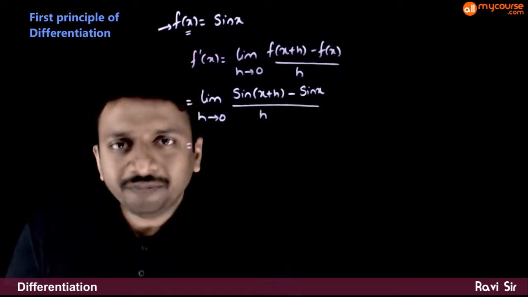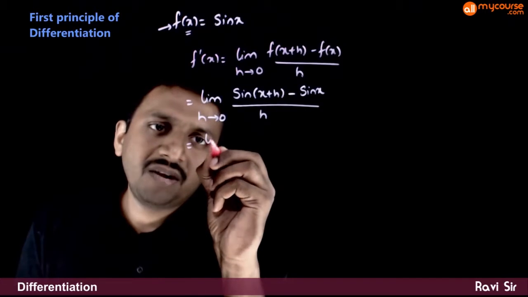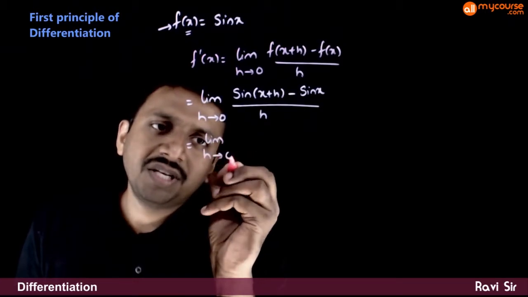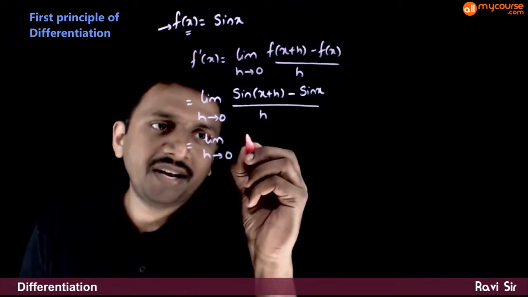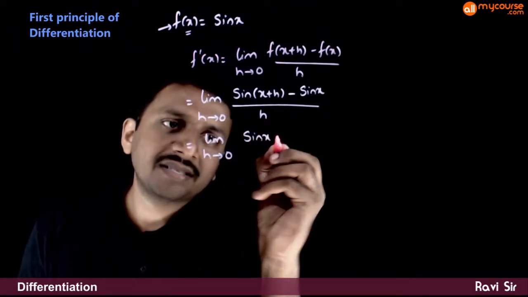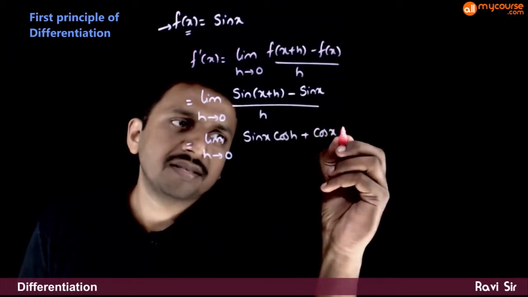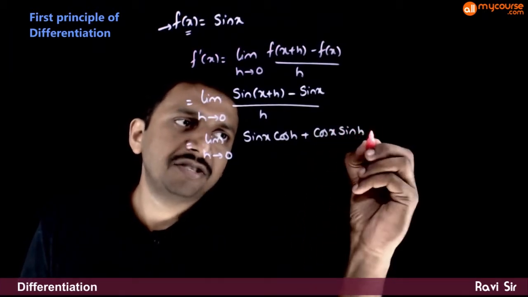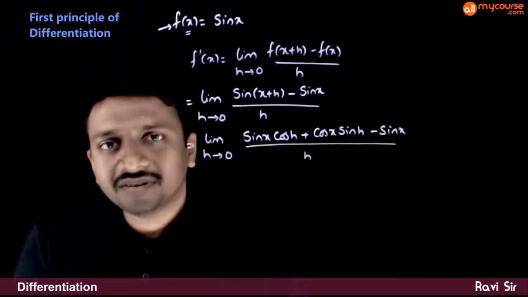So this is equal to... now you need to find this limit. It is equal to limit h tends to 0. sin(x + h) can be written as sin x cos h plus cos x sin h, minus sin x, all by h.